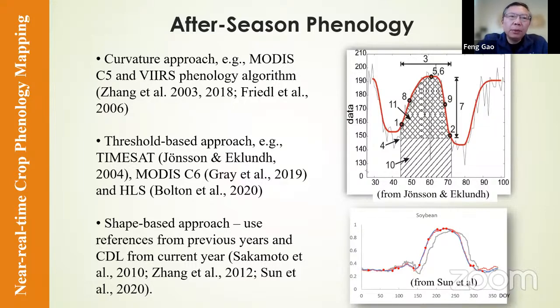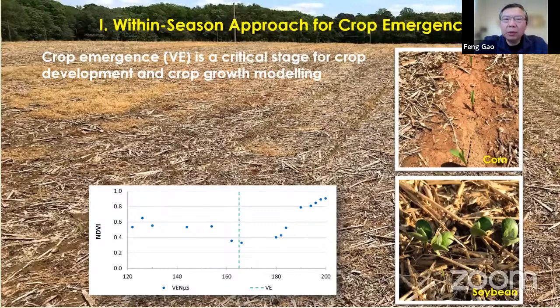So for the within-season approach, first of all, I want to show crop emergence mapping. Those after-season approaches are quite useful for retroactive study, but for operational application, we need to map the crop emergence as soon as possible for early crop monitoring, because crop emergence is a critical stage for crop development and crop growth modeling.